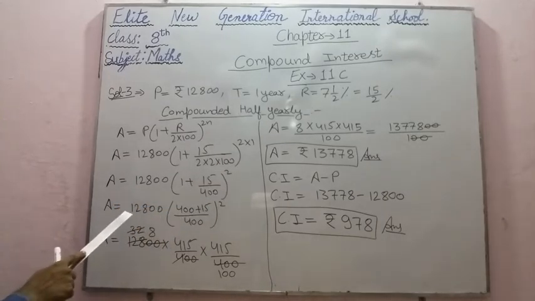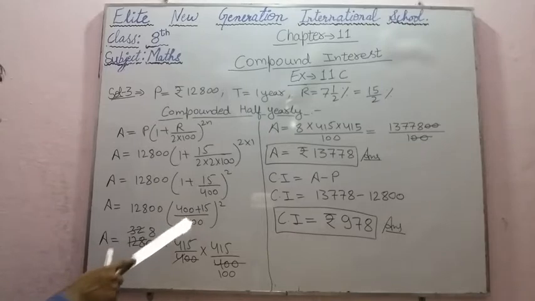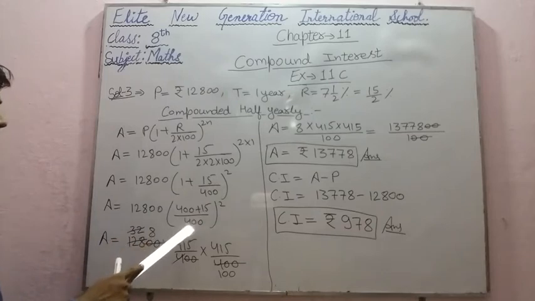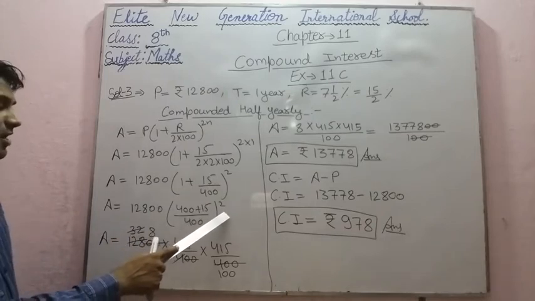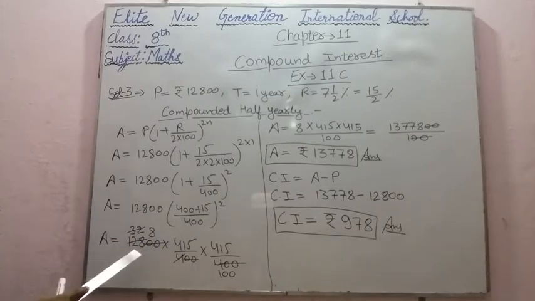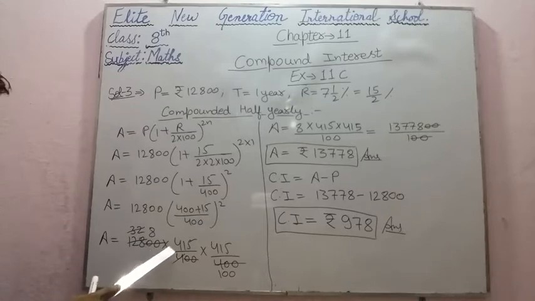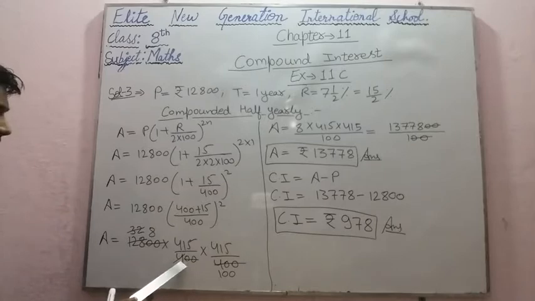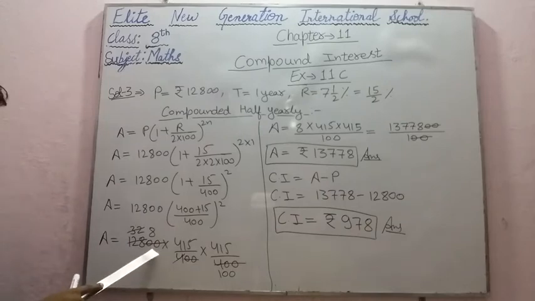Now solving it, 12,800 into, by taking LCM, it will be 400 plus 15 upon 400, and power 2. So amount equals 12,800 into 400 plus 15, which is 415, upon 400 into 415 upon 400. By solving it, these two zeros will be cancelled. 128 will be cancelled by 4, 32 times, and here also it will be cancelled by the table of 4.